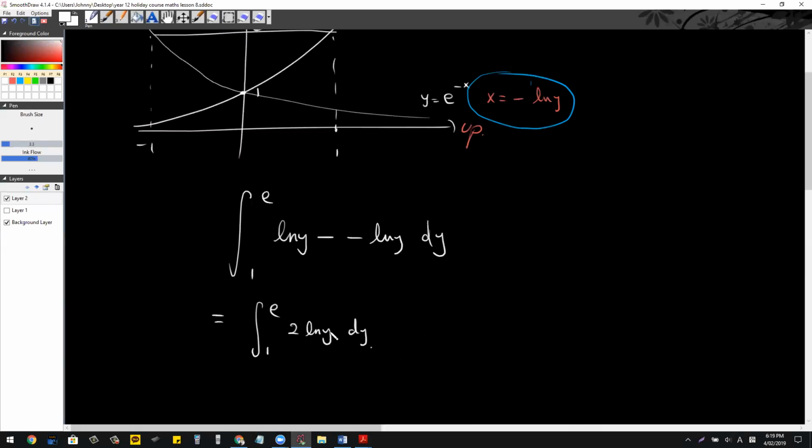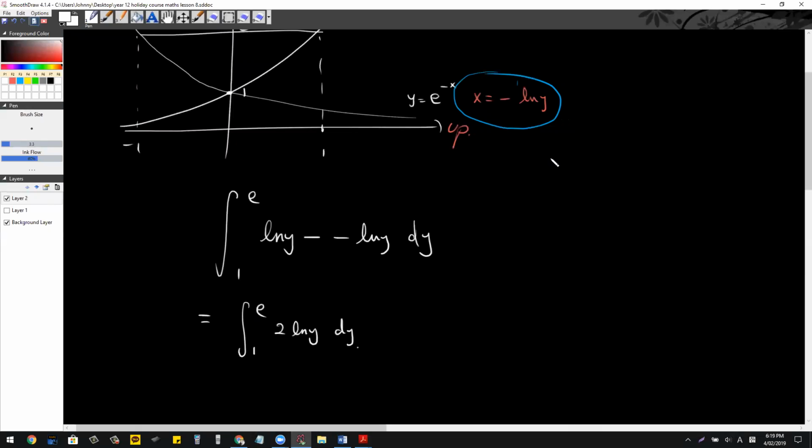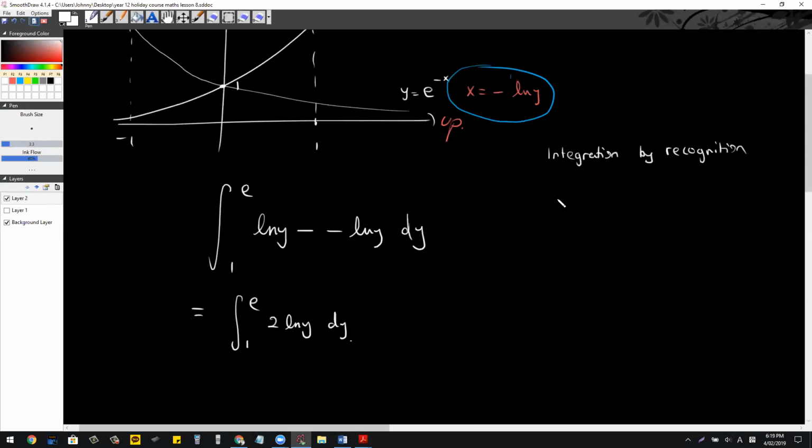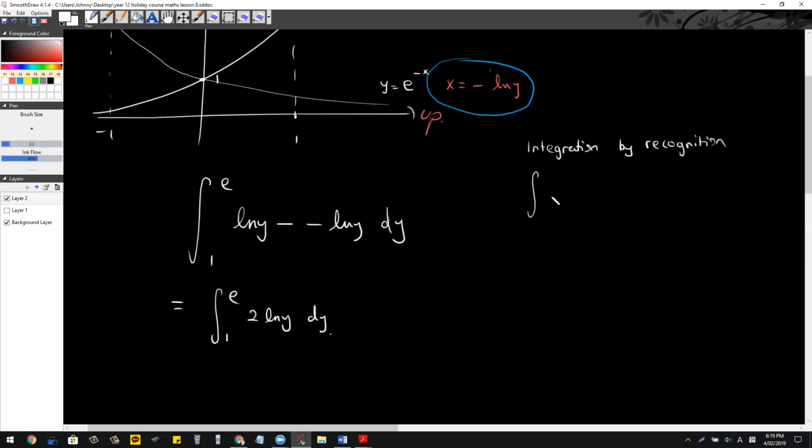But now integration of ln y is something that we actually learned through integration by recognition. You guys remember? Integration by recognition. So I'm going to say: differentiate x ln x, hence find the integral of ln y dy.